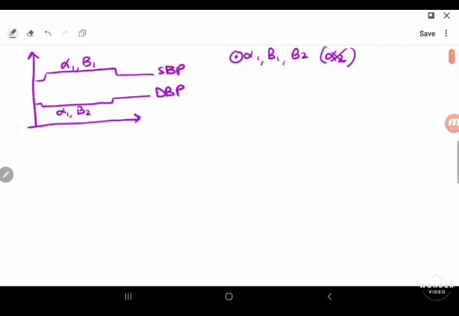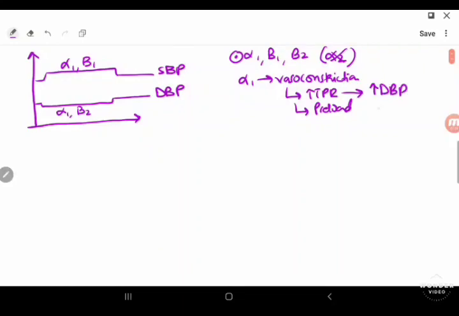What I want you to understand is, firstly, alpha 1 causes vasoconstriction. Vasoconstriction can increase total peripheral resistance and it can increase preload. Because of the increase in total peripheral resistance, it will increase your diastolic blood pressure, and because it can increase preload, it will increase your systolic blood pressure.